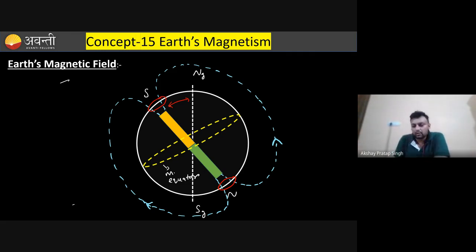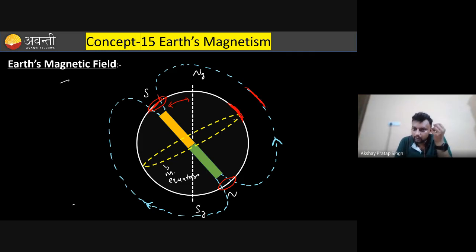Now, you can clearly see that at the poles, magnetic field lines are perpendicular to the surface of the Earth. This is the surface of the Earth, and magnetic field lines are perpendicular to it. One thing you can remember: field lines are perpendicular at the poles. And at these locations, though the diagram may not be that indicative, you can sense that field lines are parallel.